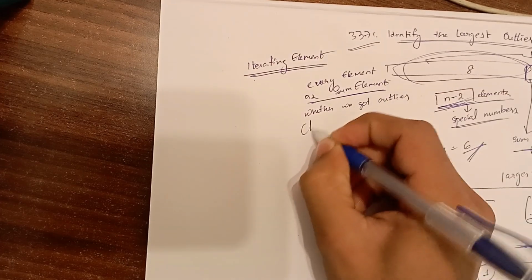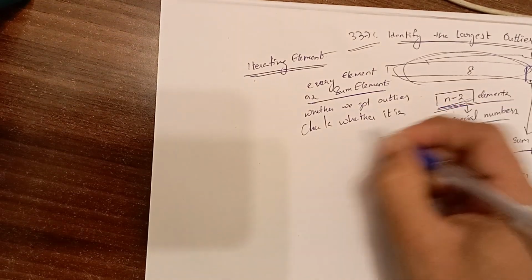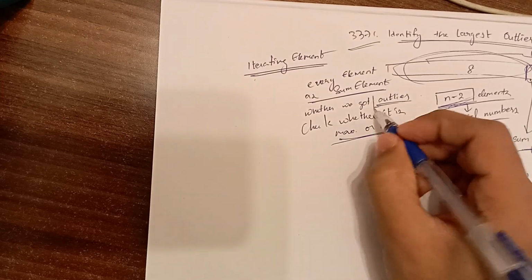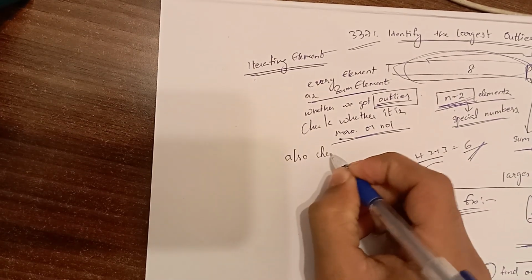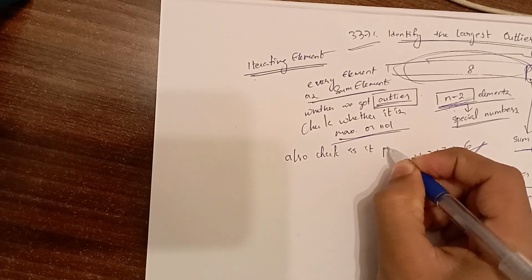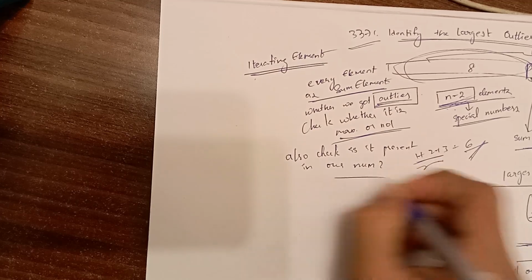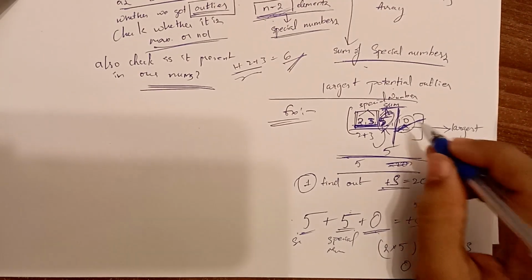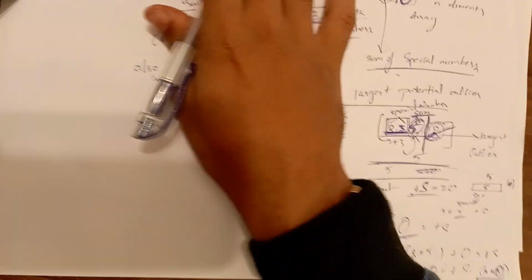We need to check whether it is the maximum or not. But wait, we got an outlier, but we also need to check whether it is present in our nums. Here in this question we got 10 as the outlier, and 10 is also present in nums, so we can consider it as an outlier.